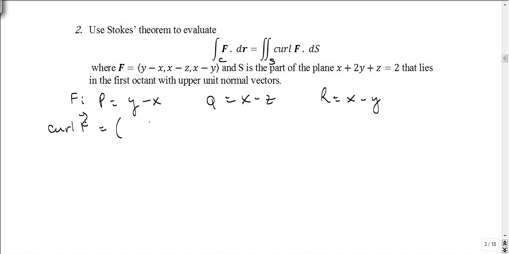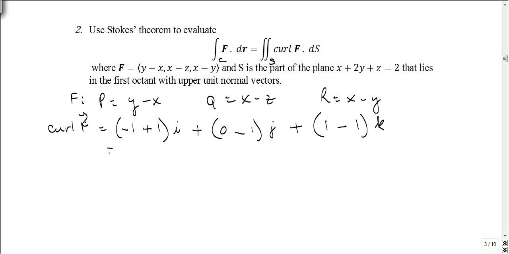Partial R with respect to y, negative 1, minus partial Q with respect to z, negative 1, so that's a plus 1, i, plus partial P with respect to z, 0, minus partial R with respect to x, 1, j, plus partial Q with respect to x, 1, minus partial P with respect to y, 1, k. So this is the vector 0, minus 1, 0.